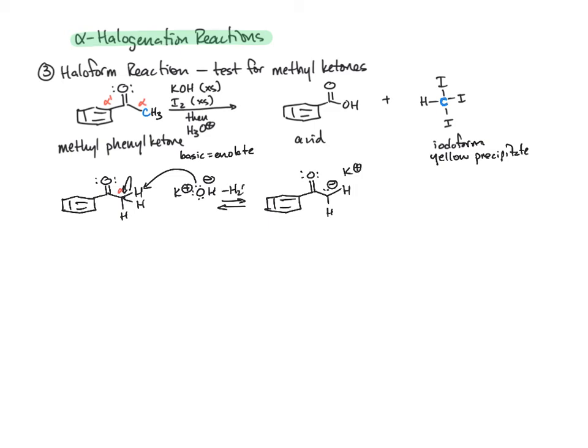We're losing that conjugate acid of water in the process. The resonance form of this has the negative charge delocalized onto the oxygen. So this is what we typically think of as an enolate. Again, we have an alkene bearing a negatively charged oxygen, so that's the enolate.